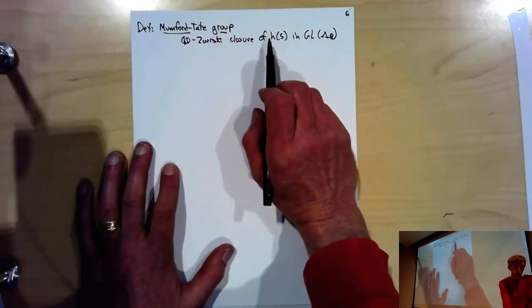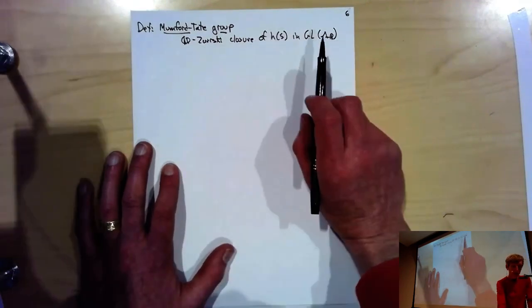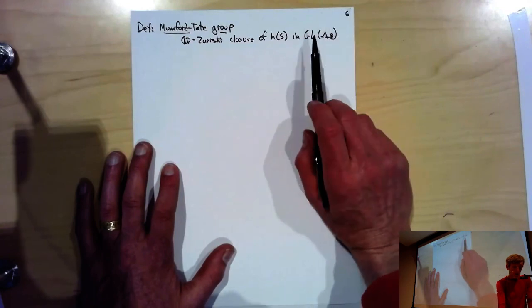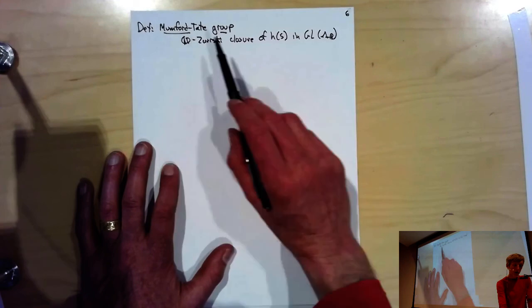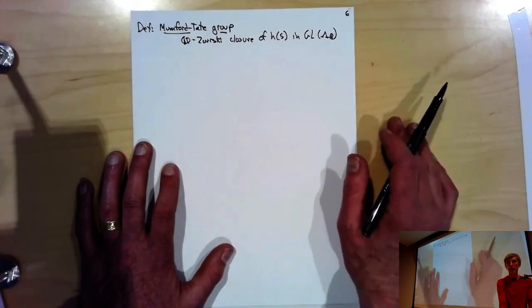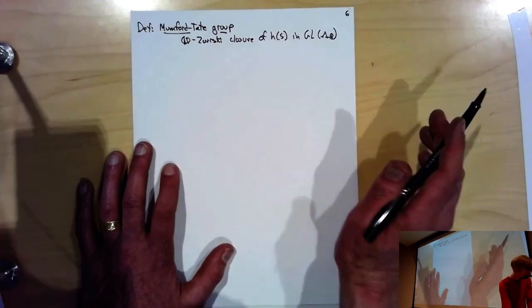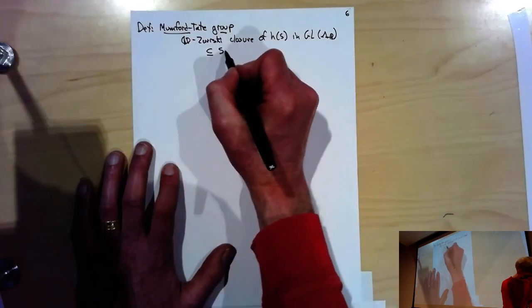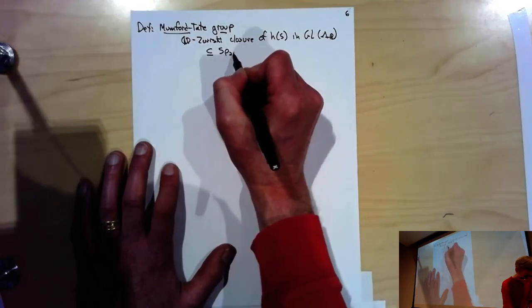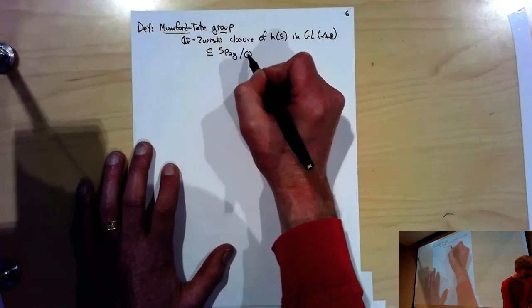This image of the torus is sitting inside the real points of this real Lie group. By the Q-Zariski closure, I mean take the smallest Q-algebraic group that contains everything. And this is going to be a subgroup of GSp2g as an algebraic group over Q.